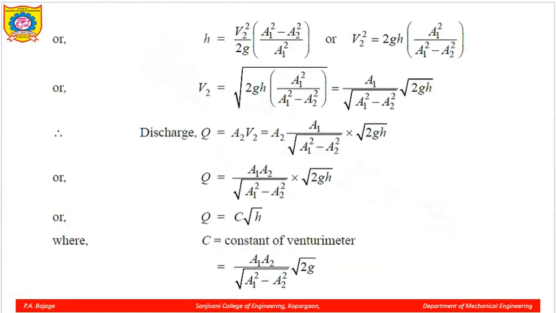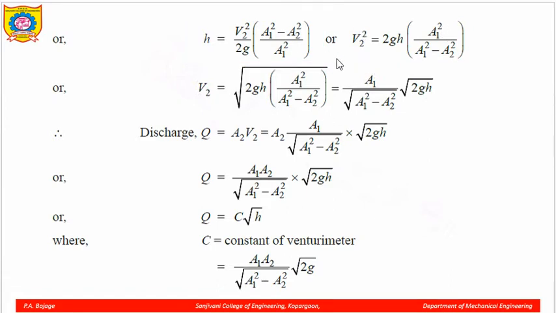The same equation is H is equal to V2 square upon twice G into bracket A1 square minus A2 square upon A1 square. Rearranging this for V2 square, V2 square is equal to twice GH into bracket A1 square upon A1 square minus A2 square.